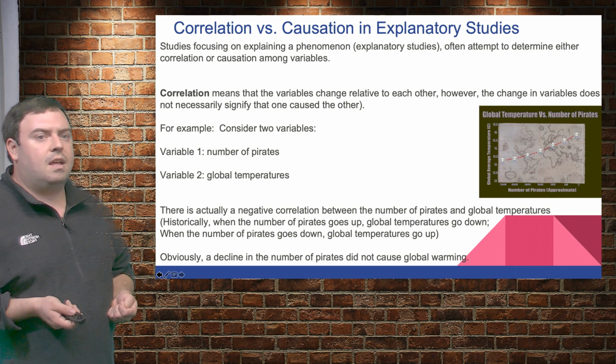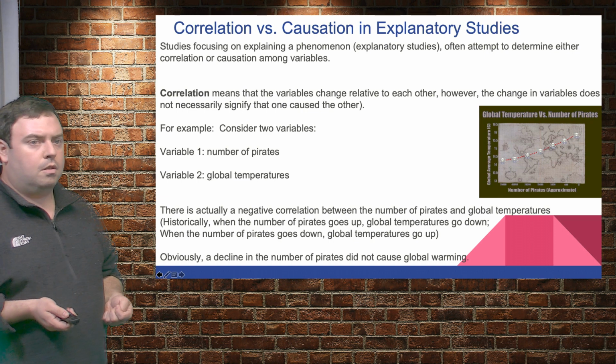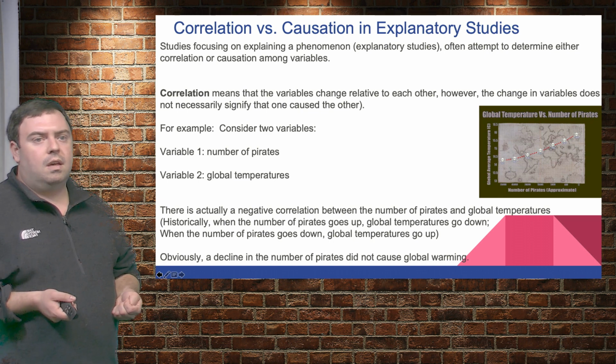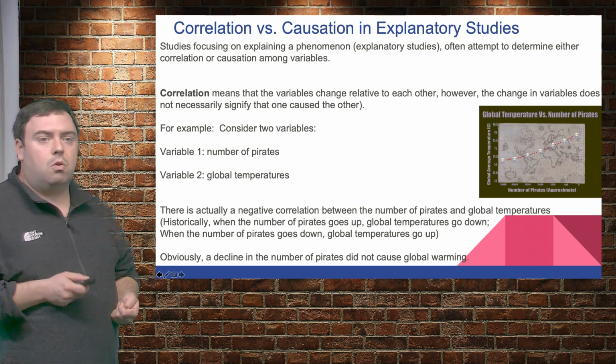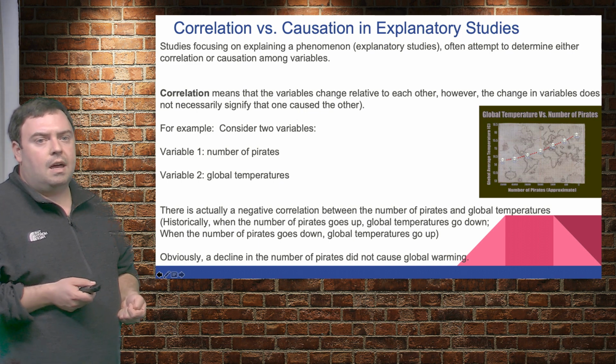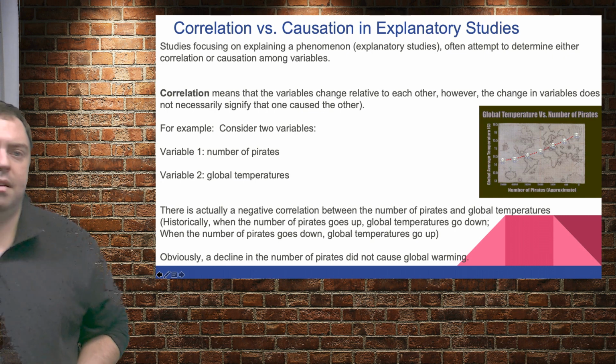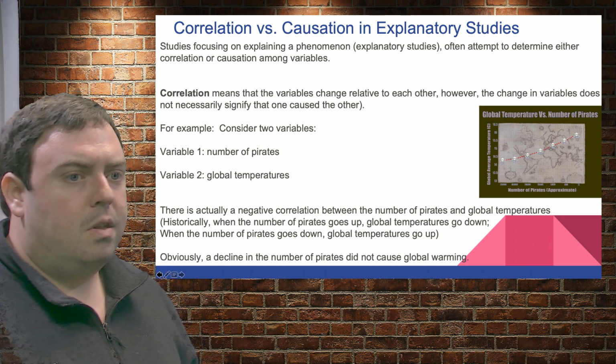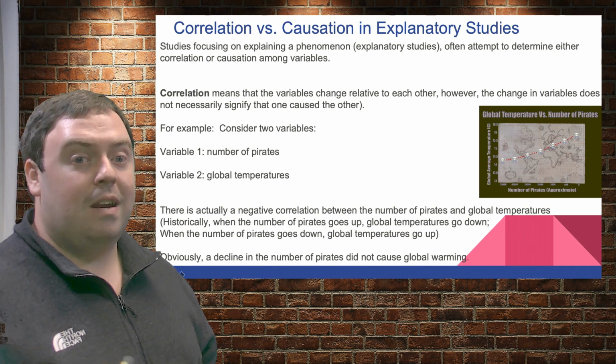They did a study on global temperatures and the number of pirates. What they found was there actually was a correlation. I'm going to move a little bit just to read it more closely, and actually I read it wrong.